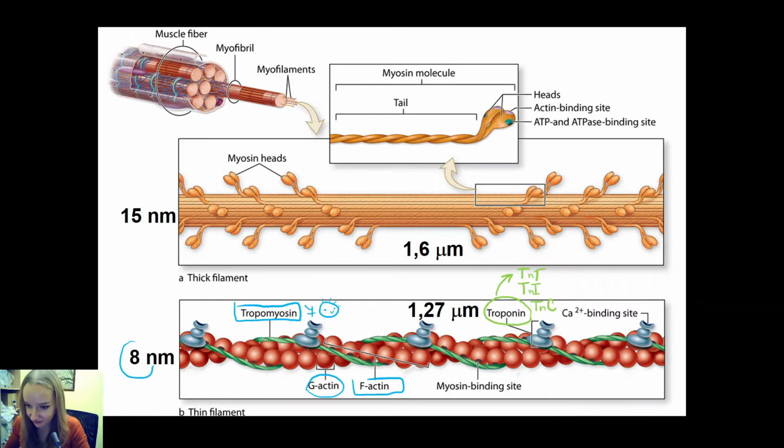Troponin T is probably this one over here, which binds to tropomyosin.